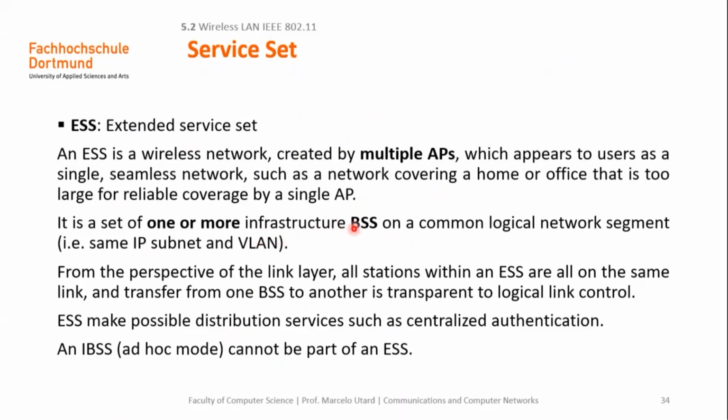Typically, if there is more than one infrastructure BSS, this means that there is more than one virtual LAN and an IP subnet associated with each virtual LAN. From the perspective of the link layer, all stations within an extended service set are all on the same link.